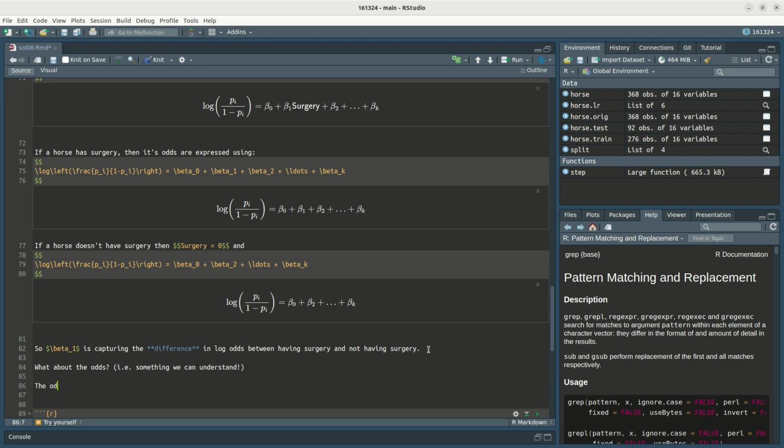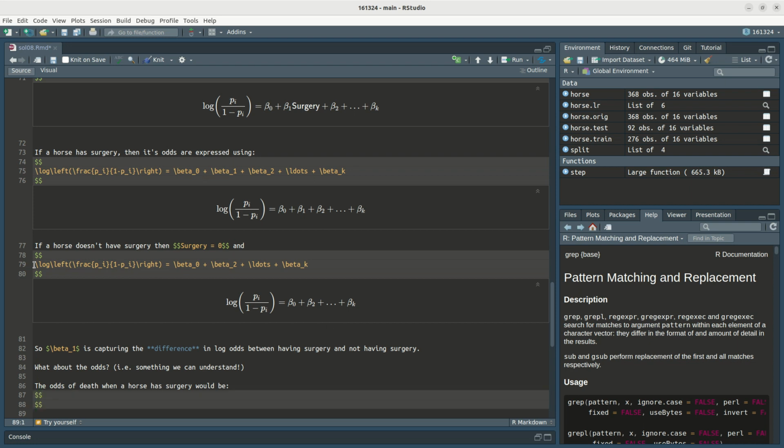Then the odds of death when a horse has surgery would be, well, all we'd have to do is exponentiate that formula. We can get rid of the log by exponentiating that formula.